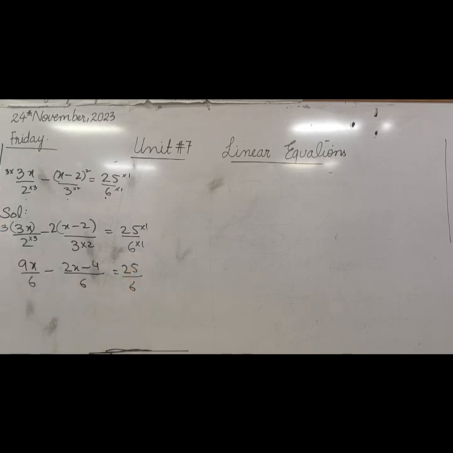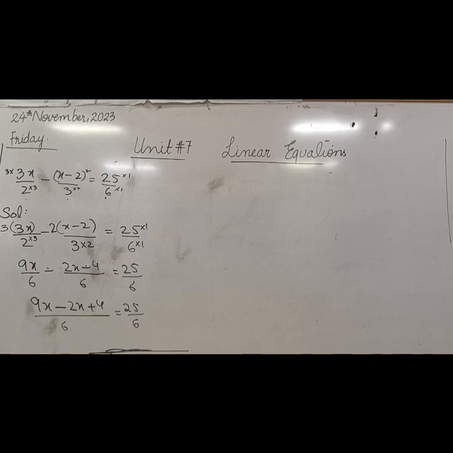Now you can see that the denominators are the same. So we will write in common fractions 9x minus 2x plus 4 over 6 is equal to 25 over 6. Now, what will be the next step?